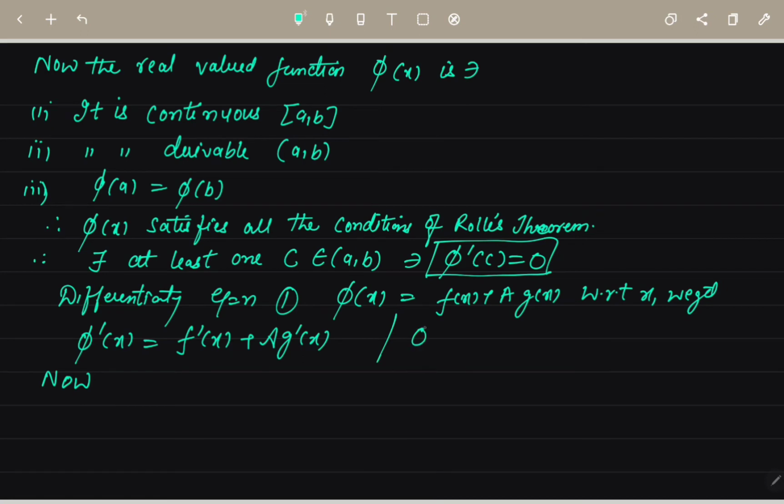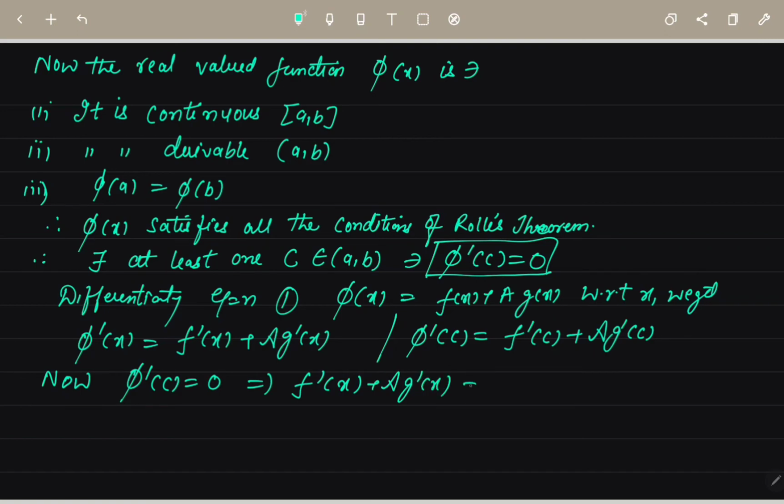Now phi dash c is equal to 0. So phi dash c from here is f dash c, replacing x by c, plus a into g dash c. Now phi dash c is equal to 0, so f dash c plus a into g dash c is equal to 0.